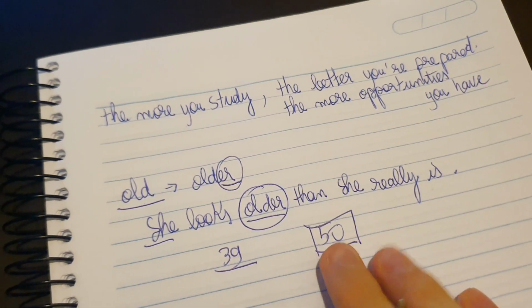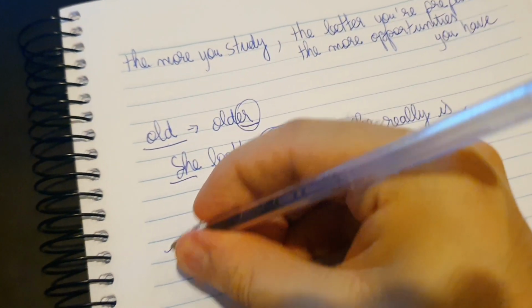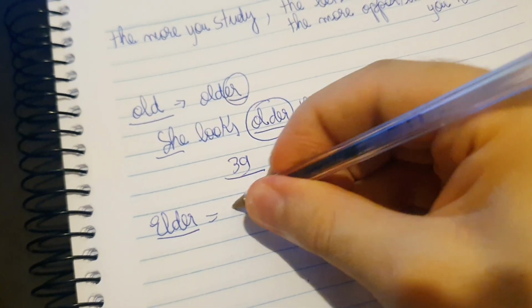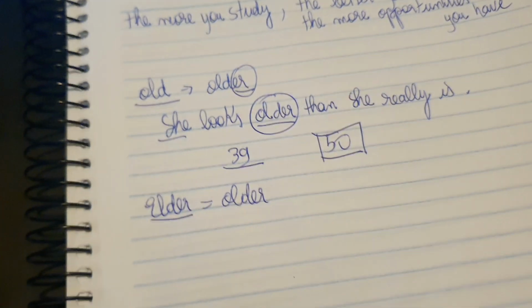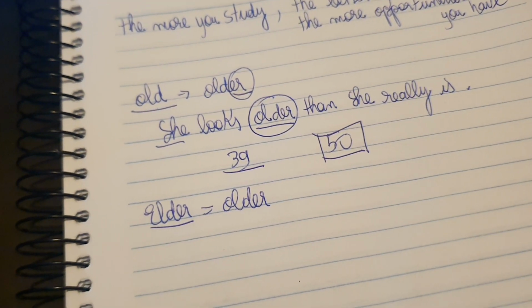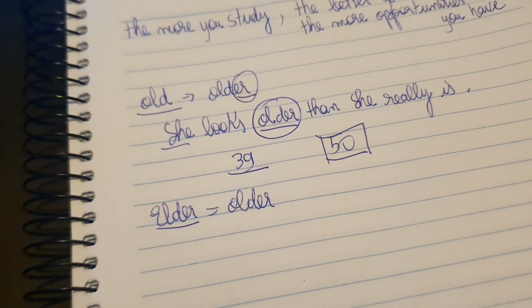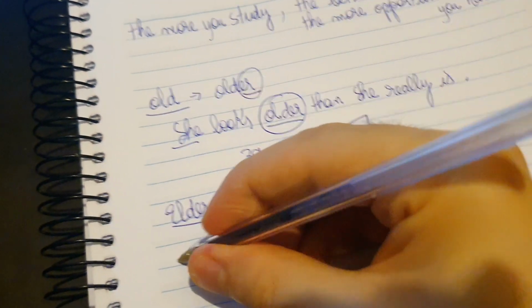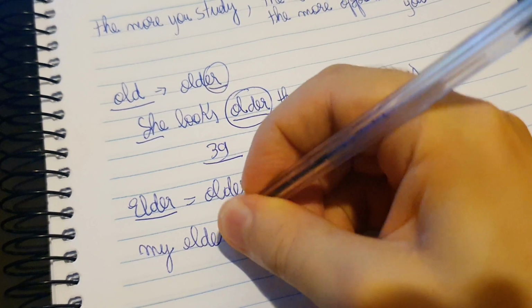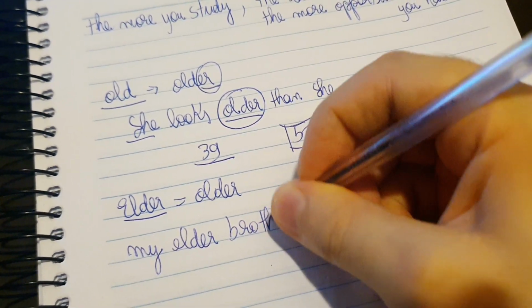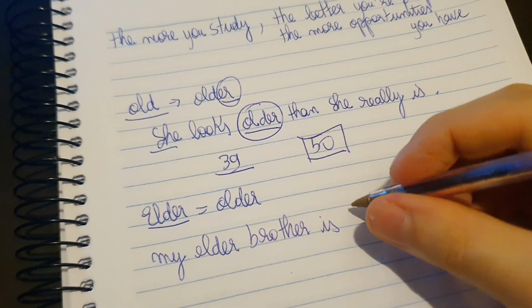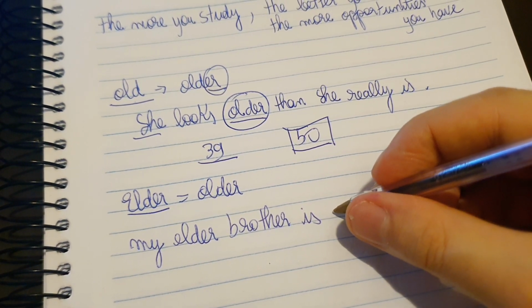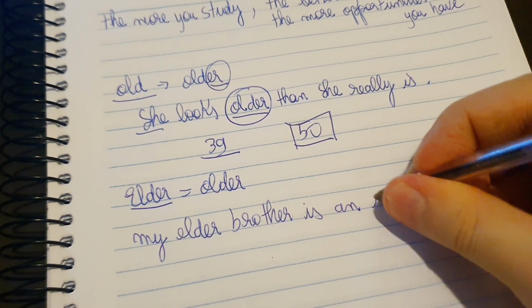But you can also use the word elder. Elder is the same as older, but it's more used as an adjective when you refer to your own family, right? My elder brother is an engineer.